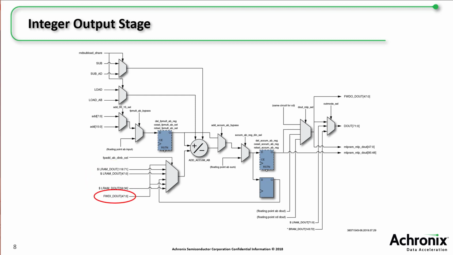The cascaded output from the MLP below via the cascade input. This allows for a column of MLPs to sum all their results when configured in a wide filter function, such as a multi-tap FIR. Thirdly, the feedback output of the adder, allowing for accumulation of multiple values.